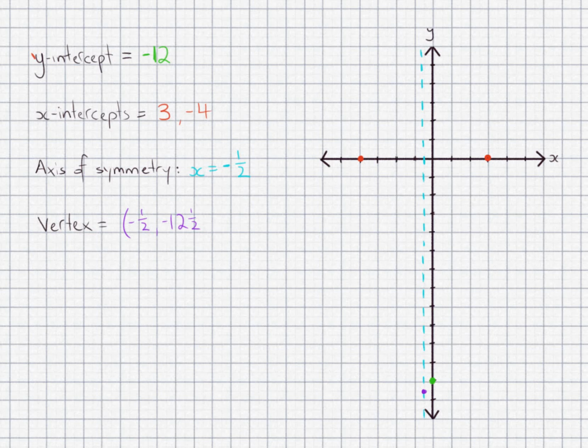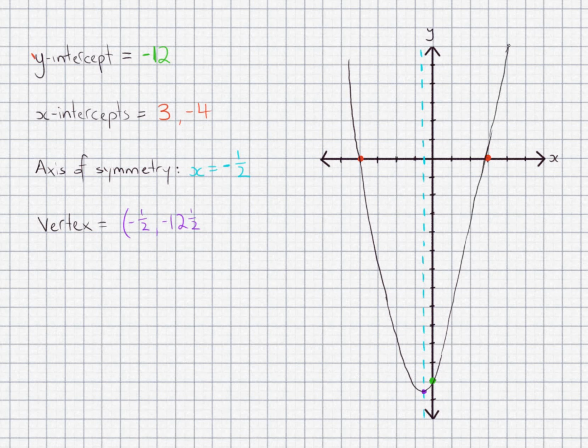So last step is just to connect our dots. We want to make sure that it's a smooth parabolic form as best as possible. So coming down through the first x-intercept, doing a bottom turn at the vertex, through negative 12, and back up. Just missed it.